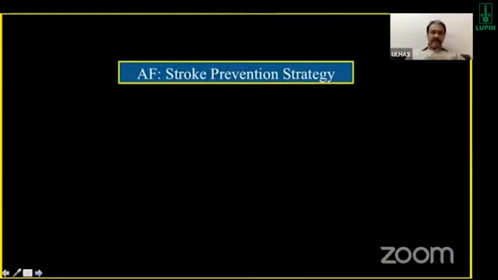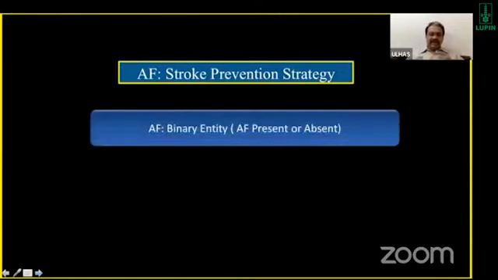So in atrial fibrillation, the stroke prevention strategy so far has been in a binary form. What does that mean? It means we just look at whether the patient has atrial fibrillation or not, and it stops there.